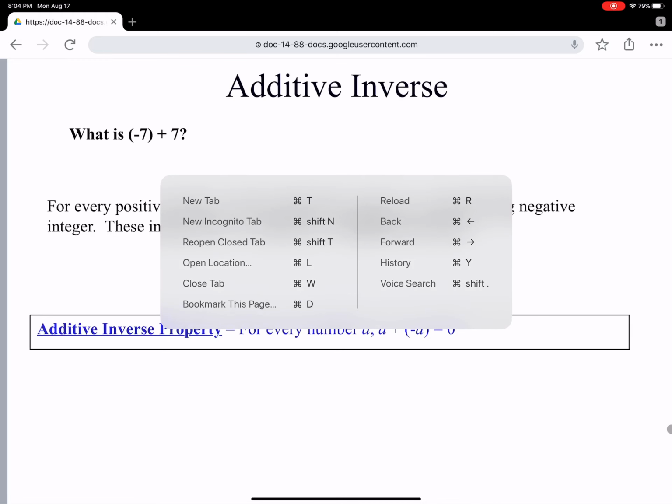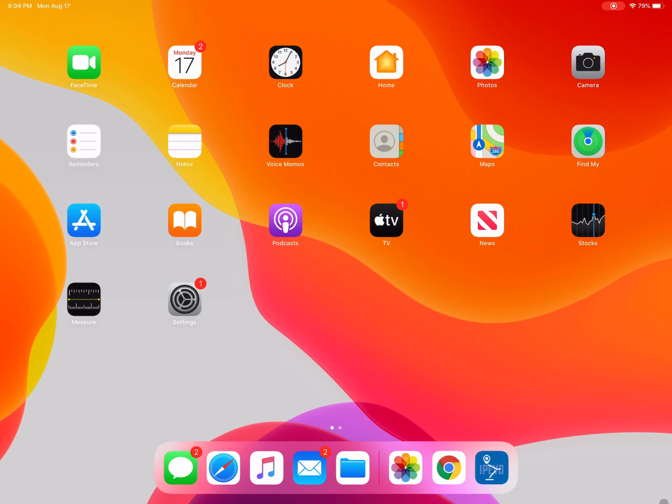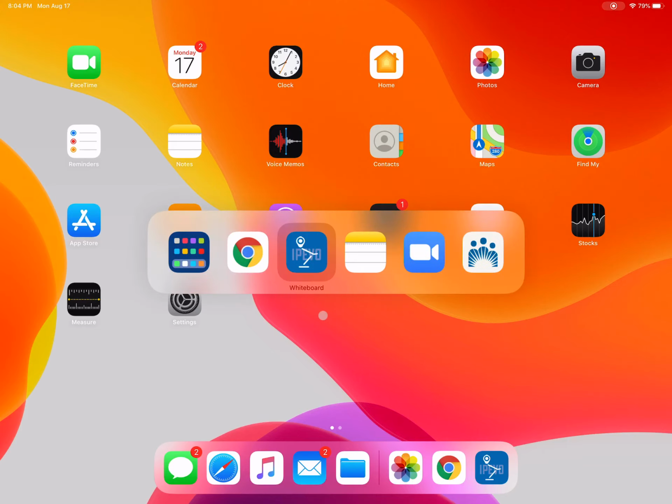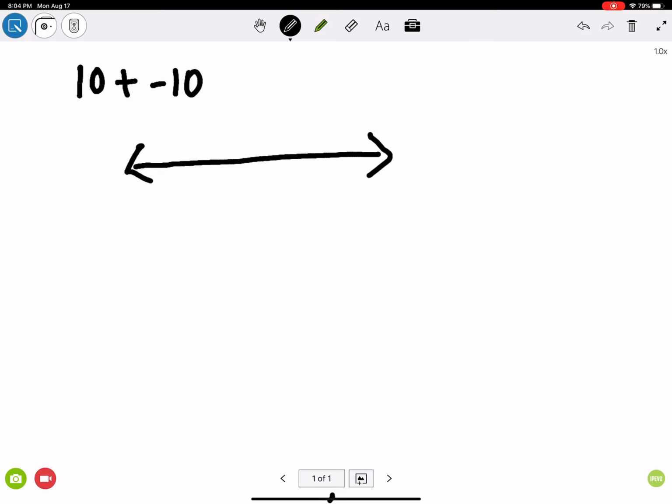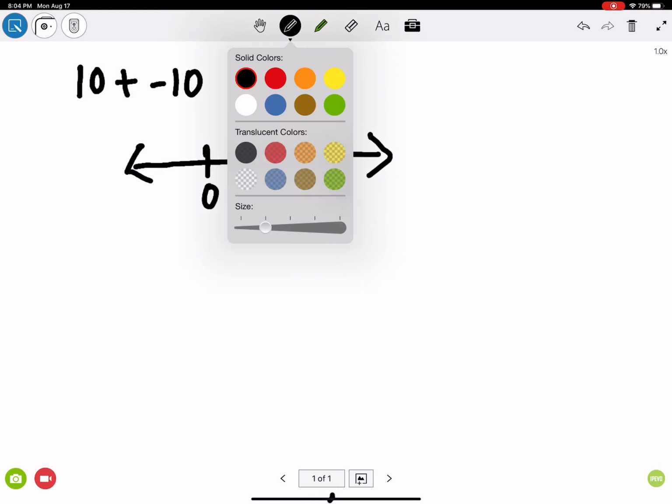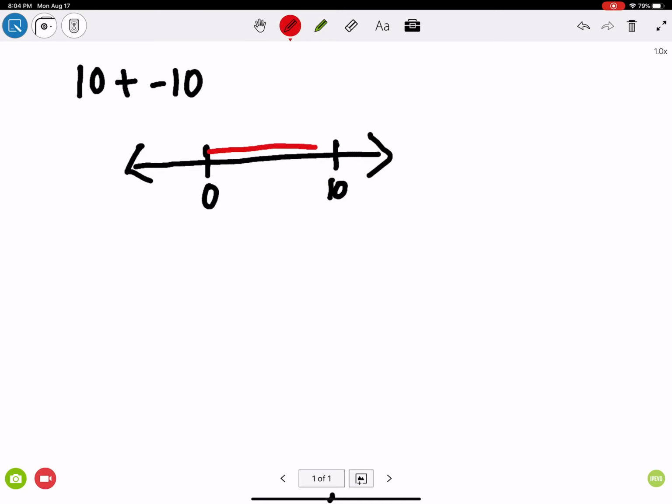So why does that work? Well, if I take a number like 10 and I add -10, if I have 10 on a number line, that's me saying if I start at 0, which is where I should always start, I'm going to go 10 places to the right.